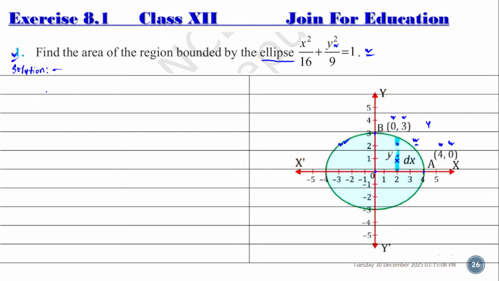So we write down here x square by 16 plus y square by 9 equal to 1. Therefore here y equal to 3 by 4. We directly write down here 3 by 4, and here will be root of 16 minus x square.